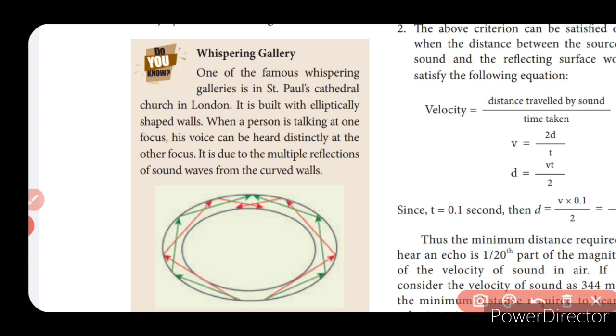And if the whispering is done at one focus, it is clearly heard by the audience at the other focus. So this is about the reflection of sound in plane and curved surfaces.